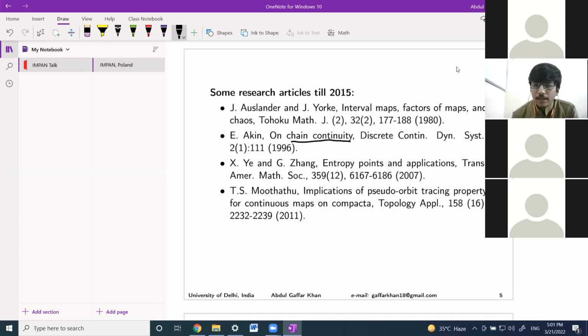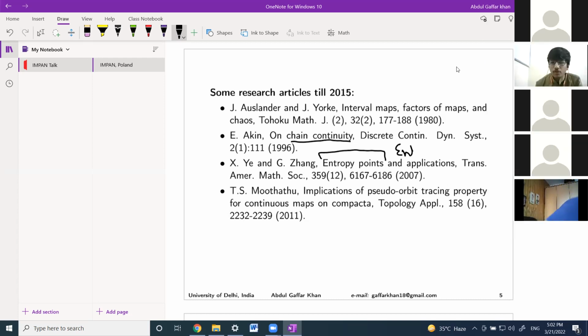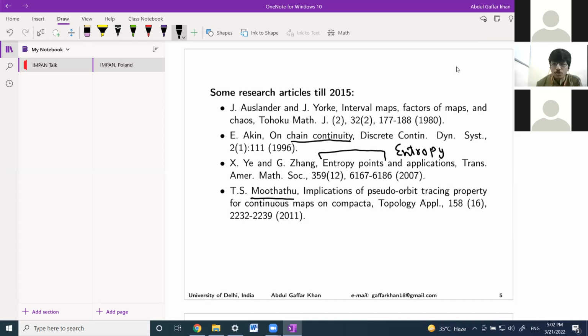In 2017, Ye and Zhang introduced the notion of entropy points as a pointwise version of entropy. This is one of the notions that came in handy after expansivity, and it was used by Mutatu to find a sufficient condition for a map having the shadowing property to admit positive entropy.